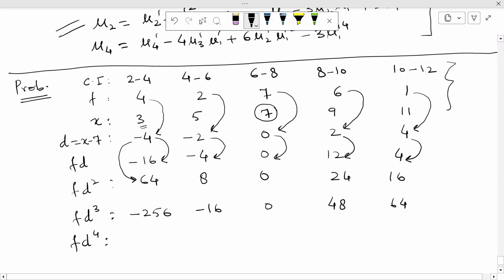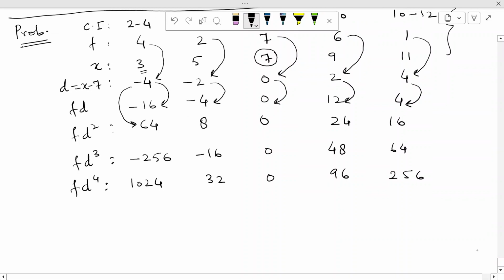Similarly, we have FD4. If you multiply this D by FD cube, you will obtain your FD4. So FD4 comes out as 1024, this is 32 and we have 0, 96 and lastly we have 256. Now from this table it is easy to obtain the value of summation f.